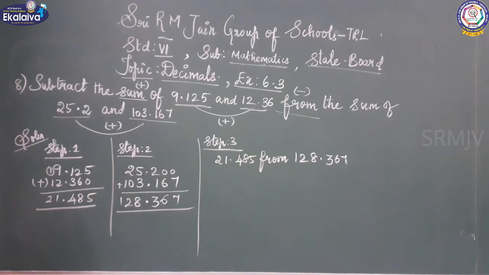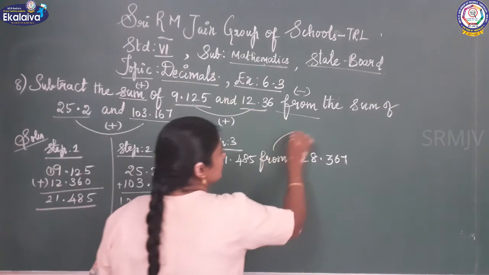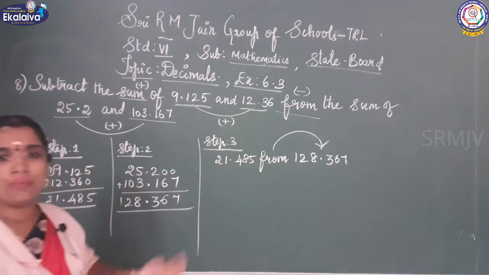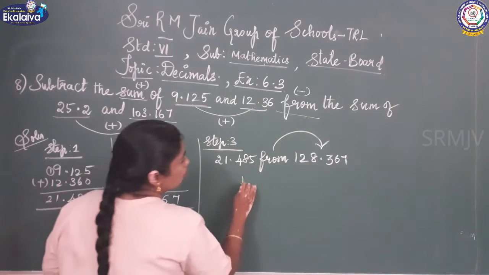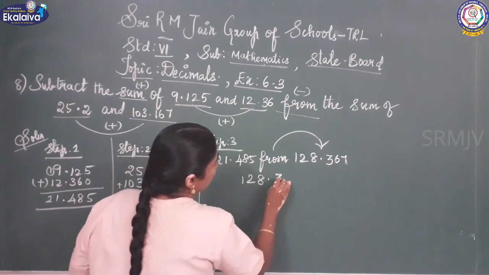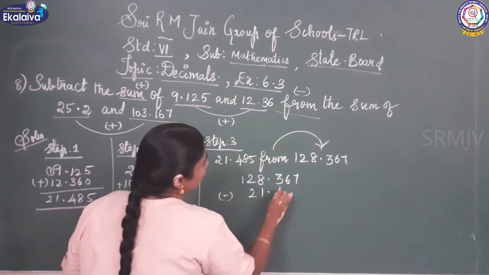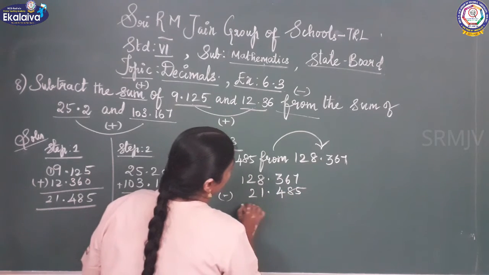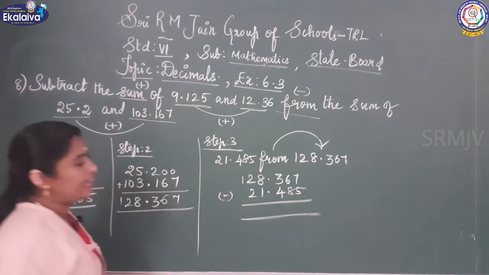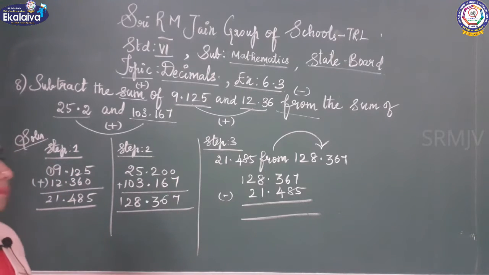I know that after from, what is the number that I am going to write? First. So 128.367 minus 21.485. Now it is in a like decimal. So I can subtract this.